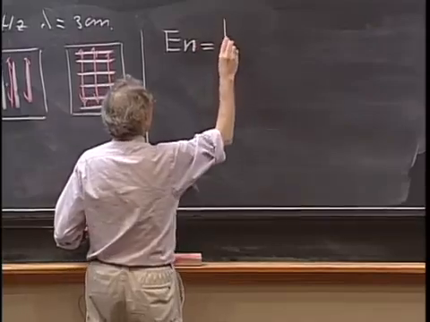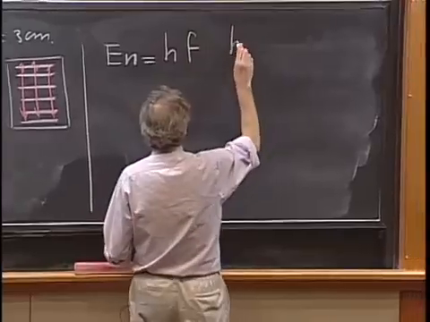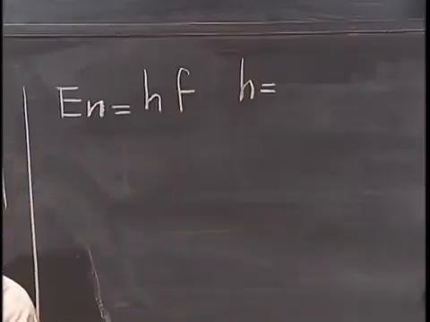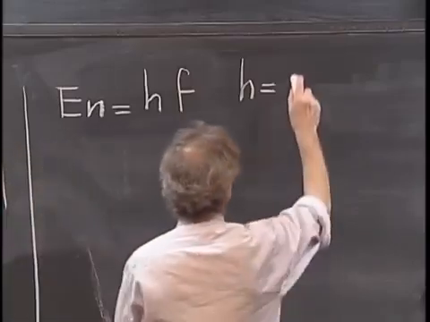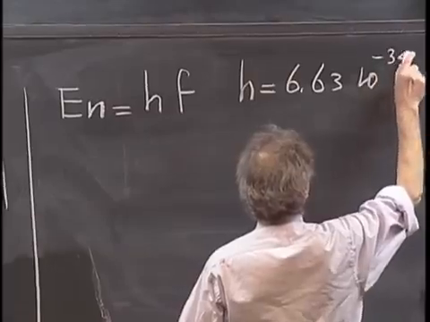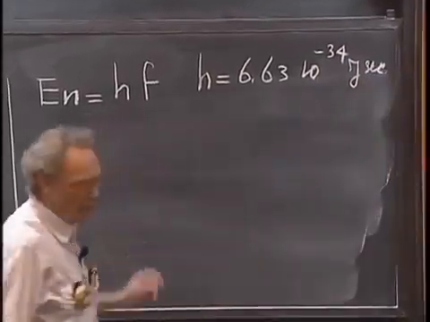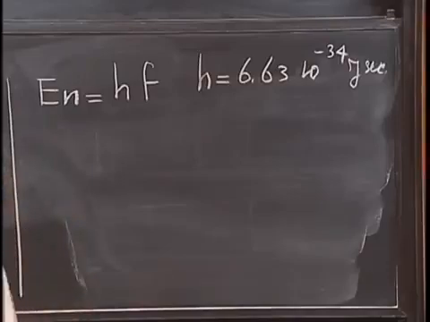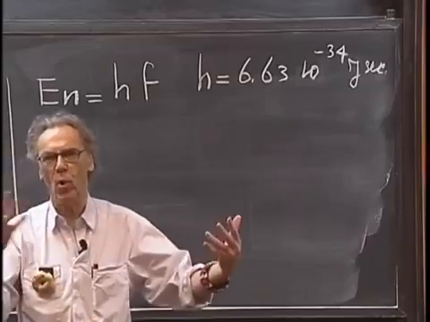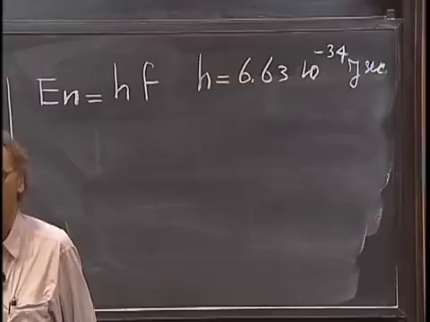The energy in a photon is Max Planck's constant times the frequency of the photon, and Planck's constant, which of course plays a key role in quantum physics, is 6.63 times 10 to the minus 34 joule seconds. So if you tell me what the frequency is, I will tell you what the energy is, which is very different from the classic idea that the energy is proportional to the electric field strength squared.